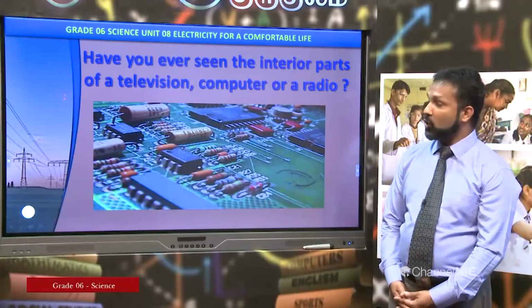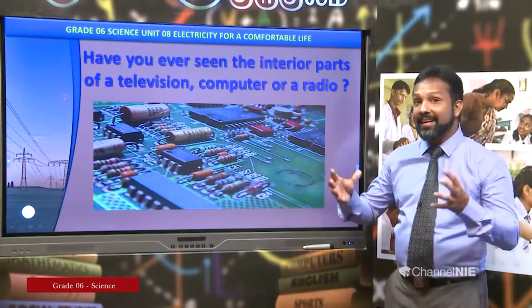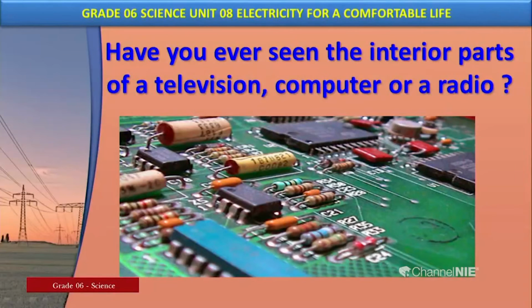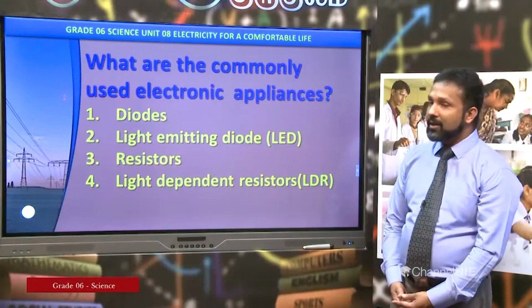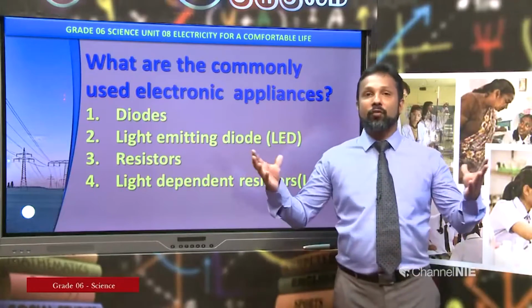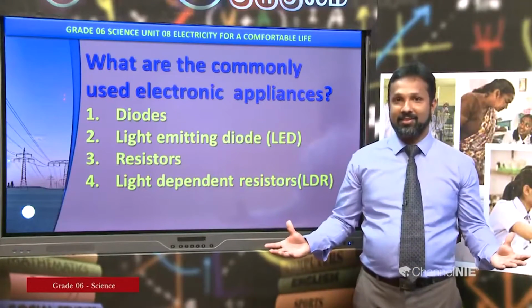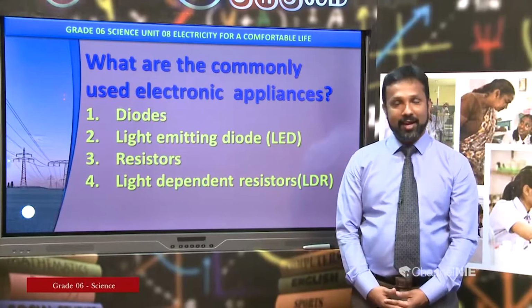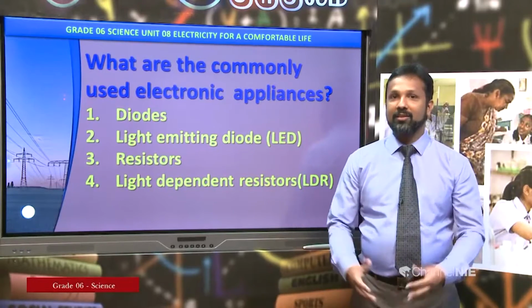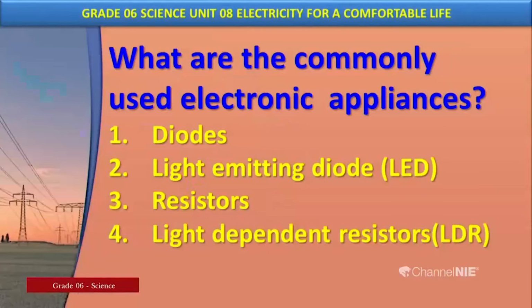This shows you the interior structure of a television. Right. Here we use various types of electronic devices. What are the devices that we use in those computers, televisions and radios?